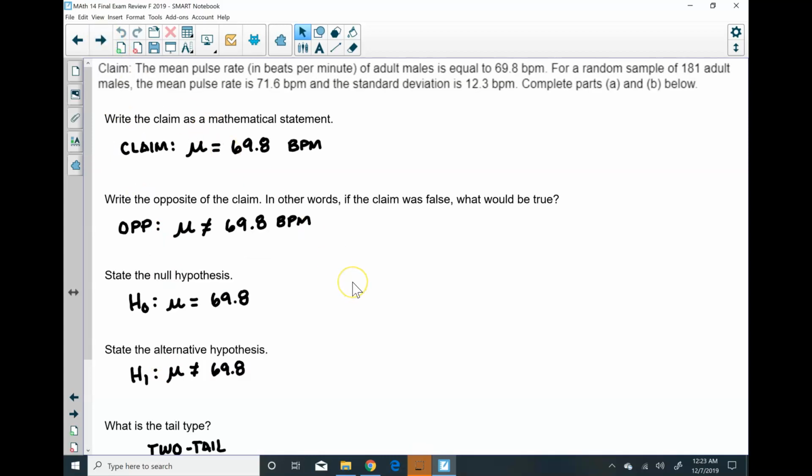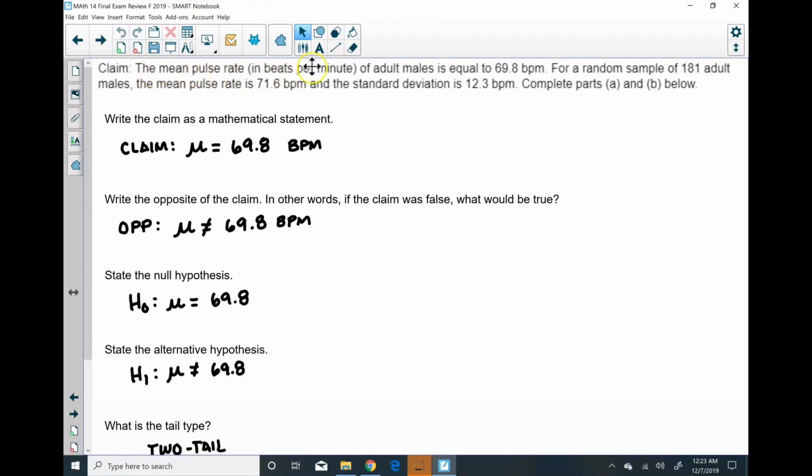The next example says that the claim states that the mean pulse rate in beats per minute of adult males is equal to 69.8 beats per minute. For a random sample of 181 adult males, the mean pulse rate is 71.6 beats per minute, and the standard deviation is 12.3 beats per minute. Completing these parts, we want to write the claim as a mathematical statement.